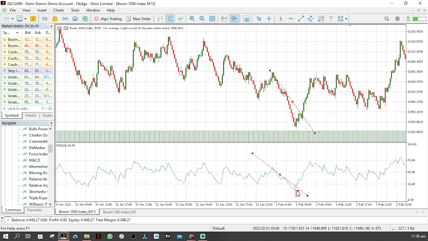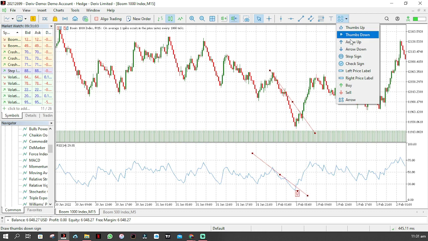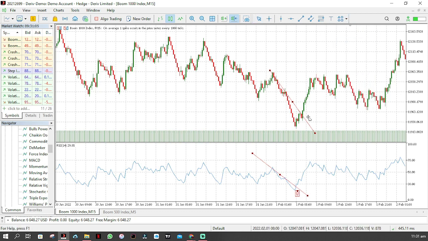When this happens, this now becomes the best time for you to buy, because you can clearly see that price is going to go up, instead of just selling and buying anyhow and hoping for it to reverse. You can confirm on the chart as well. You can clearly see that it really broke out of this trend line and it went up. So this is the best time for you to buy on Boom 1000.